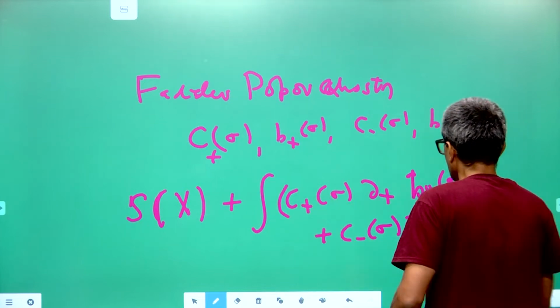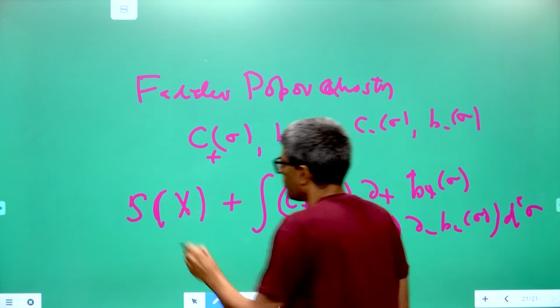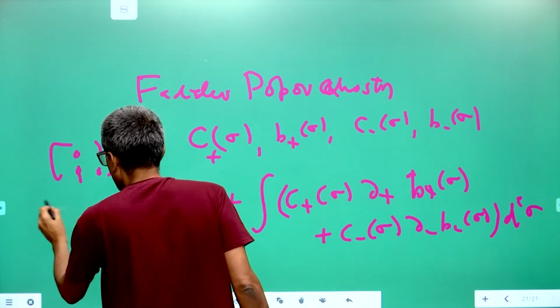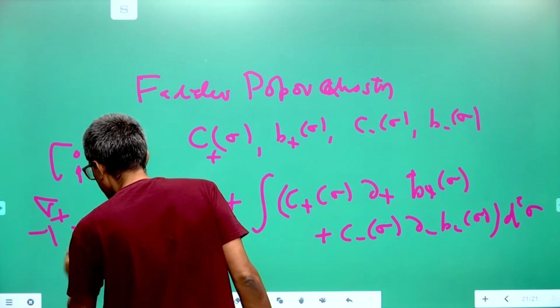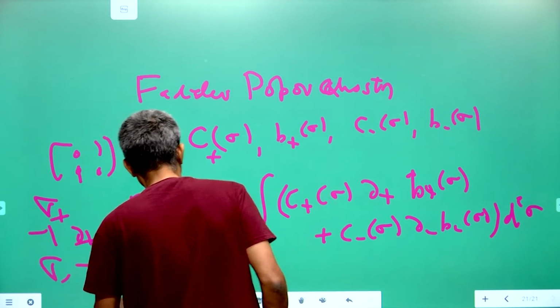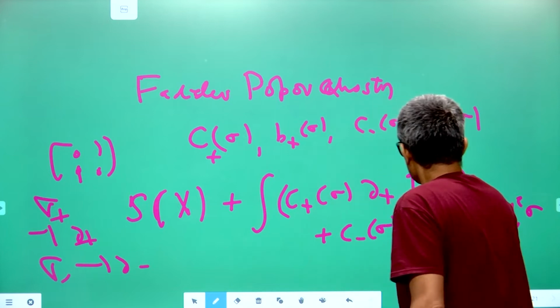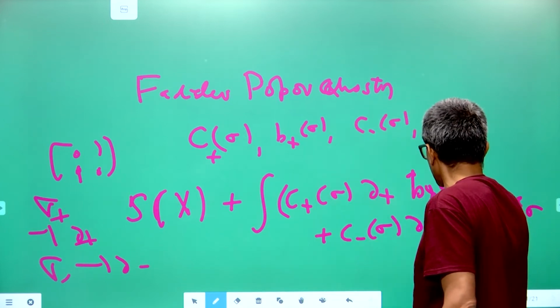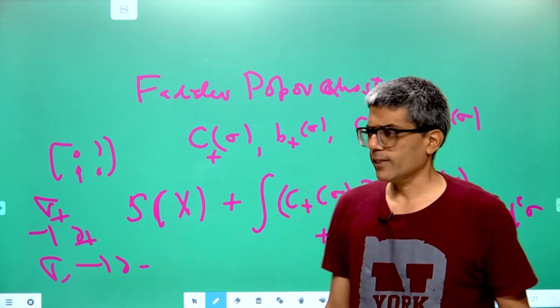You can use this because the covariant derivative with respect to the metric 0 1 1 0 is simply dou plus, del plus becomes simply dou plus and del minus becomes dou minus, where Sx is the bosonic action. So, these are additional fermionic fields, C plus sigma and B plus sigma and C minus sigma and B minus sigma, these are fermionic fields, they are called ghosts.